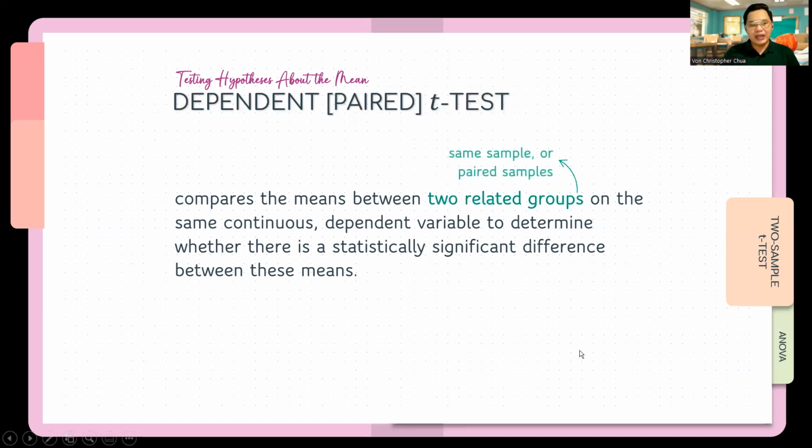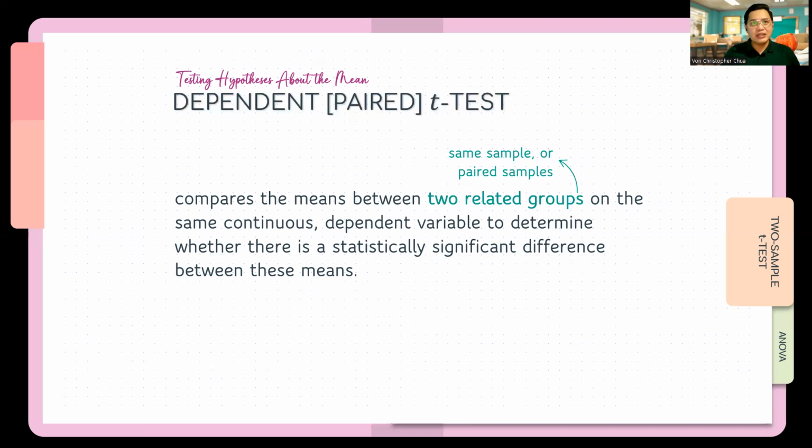Whenever we would like to test the same group of people for a dependent continuous variable, meaning we would like to see whether or not there is a change in the random variable after a certain period of time, then we say that the sample that we are working with, because we're only working with a single sample, is considered to be a dependent sample.